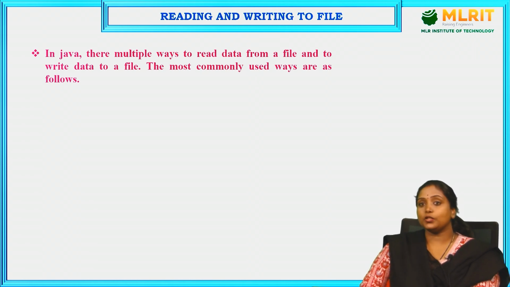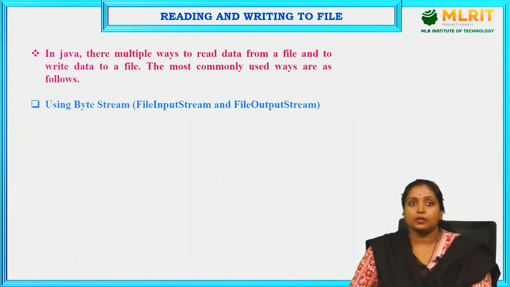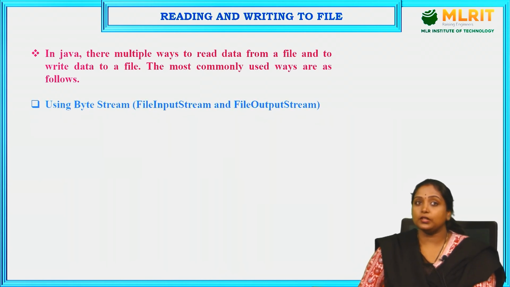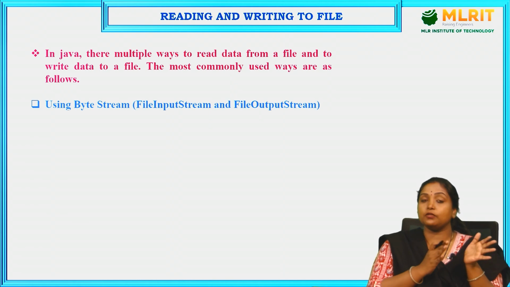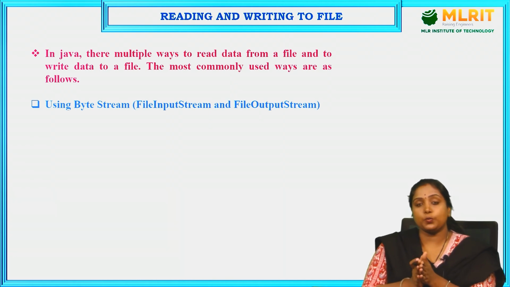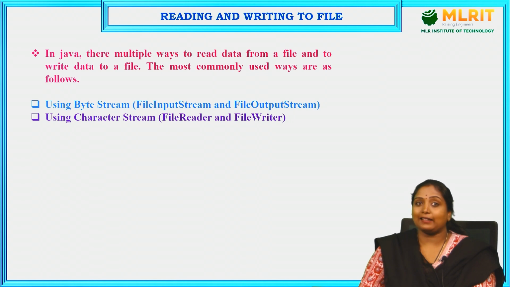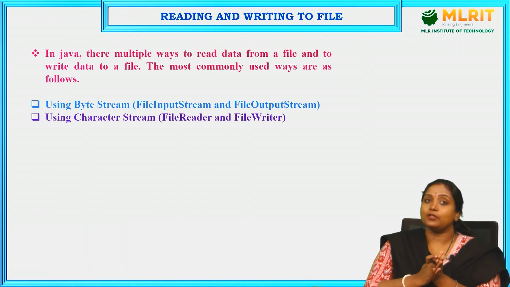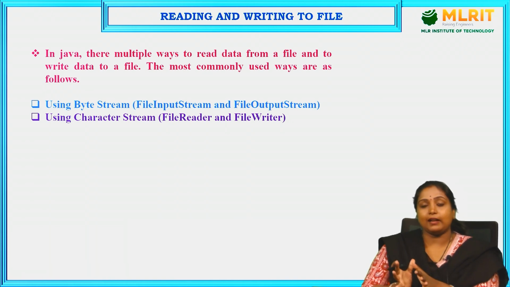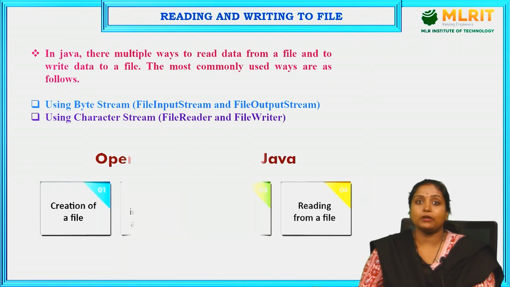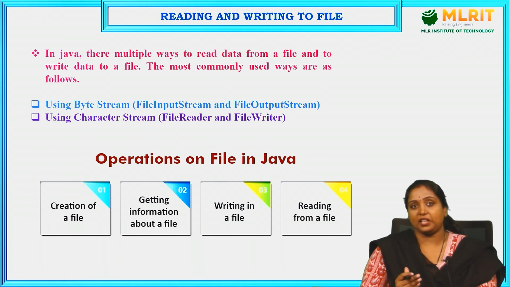The most commonly used way is the byte stream, where for input we use FileInputStream and for output we use FileOutputStream. Using the character stream, you can also read data from a file and write data into a file, using the FileReader and FileWriter classes.